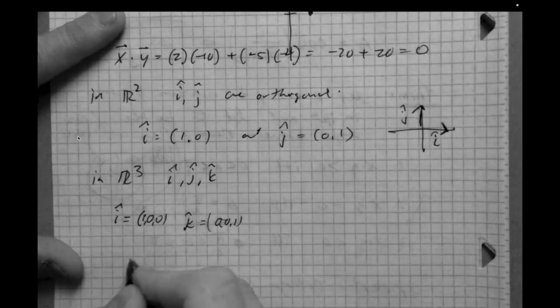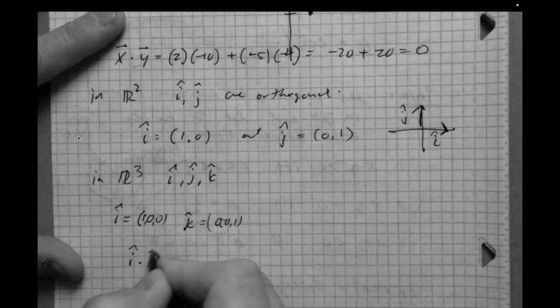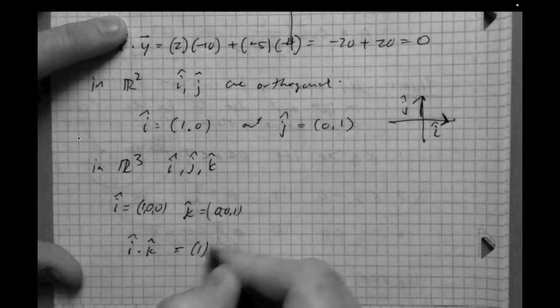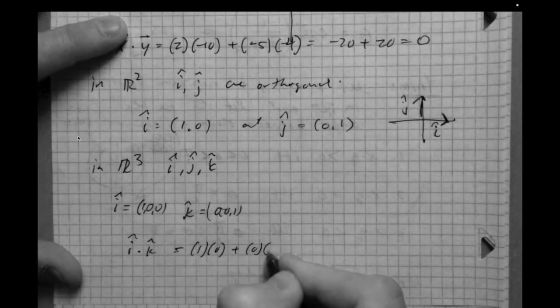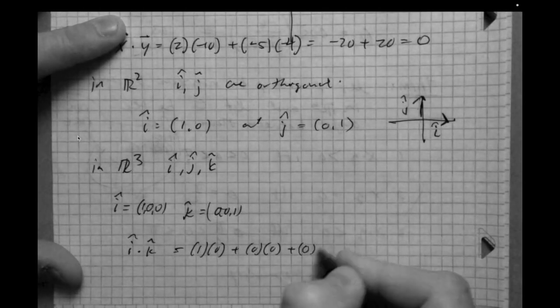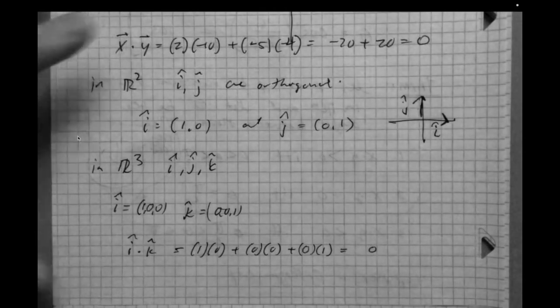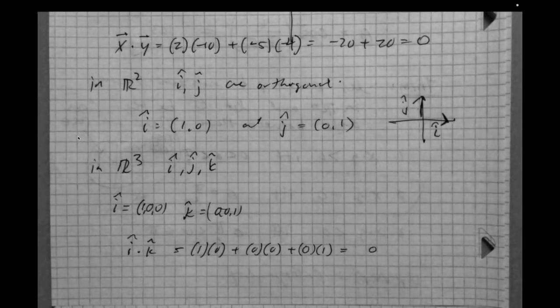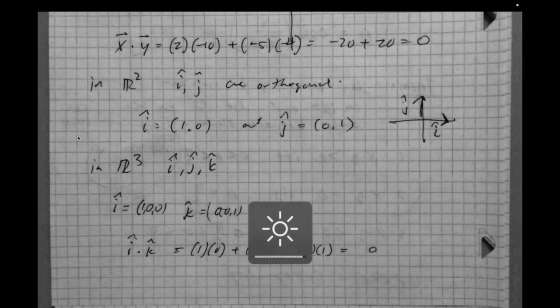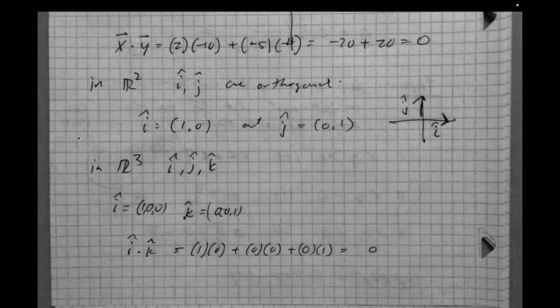If I dot those together, I get 1 times 0 plus 0 times 0 plus 0 times 1, so I get 0. Now in general, standard unit vectors are going to represent an orthogonal set of vectors.